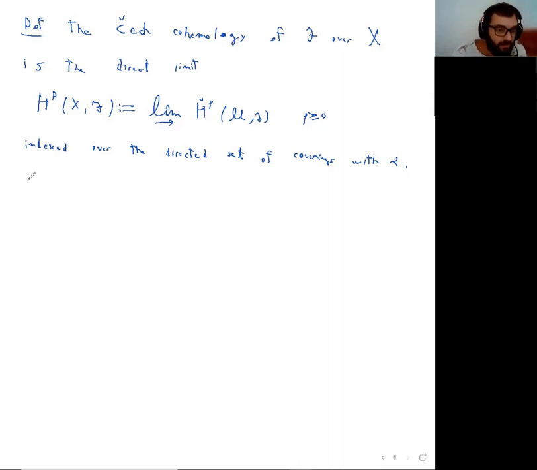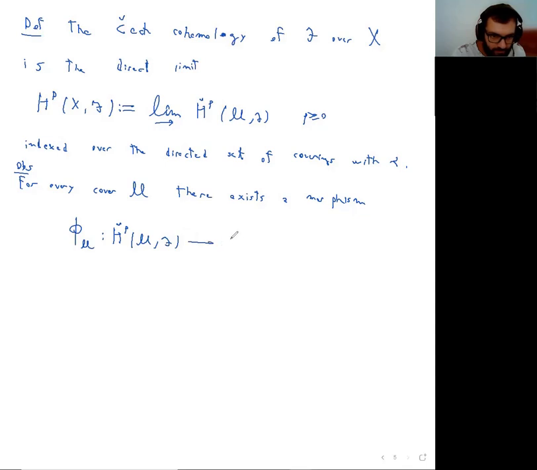And one thing that we know, thanks to direct limits, so let's say observation, for every cover U, so not every cover, but every, what is it, the locally finite open cover, yeah, these are what we mean by cover now. There exists a morphism into the cohomology, which we call phi_U, from H-hat^p(U, F) to H^p(X, F).